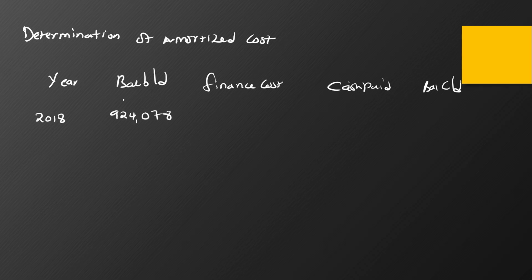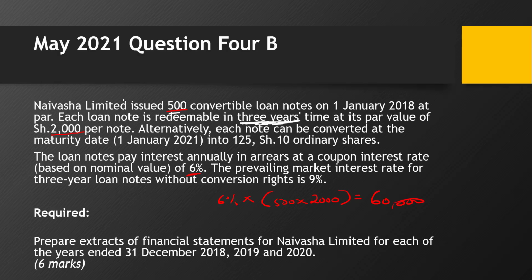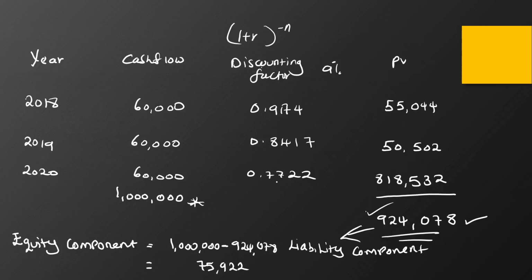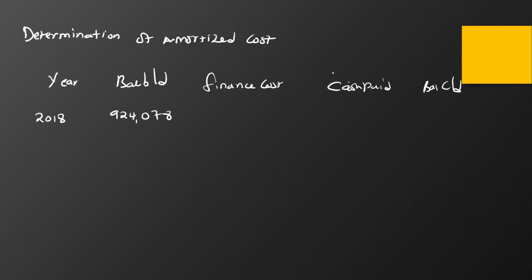For the finance cost, we take the 9%, which is the prevailing market rate. 9% of 924,078 gives me 83,167.